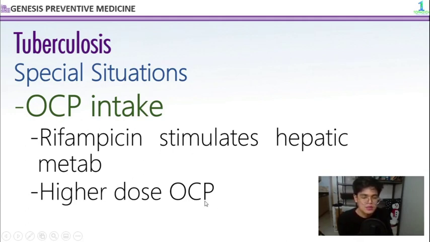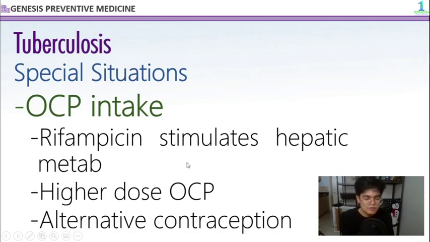So a higher dose of the OCP, particularly the estrogen, is needed to maintain the contraceptive effect of the OCP being taken. Okay? Or alternatively, other forms of contraception can be advised: IUD, condom, others that will not rely on systemic hormonal levels, because these can be affected by the rifampicin intake.